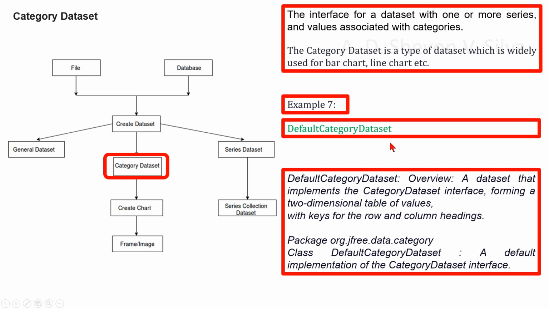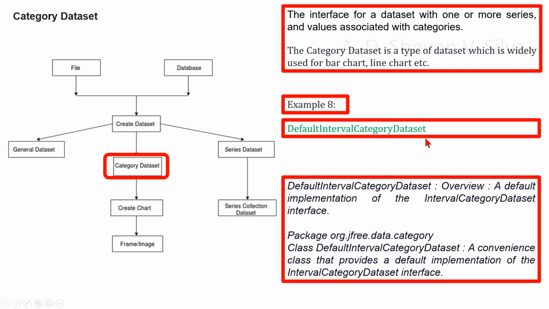The column headings are the categories for the dataset, while the row headings are the series keys. The dataset is commonly used to create bar charts, but can also be used for other chart types.